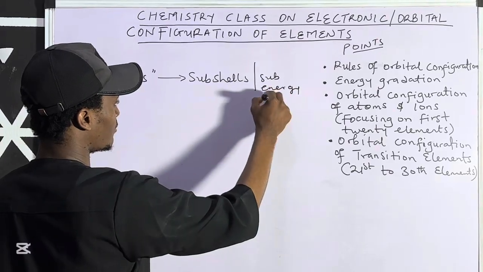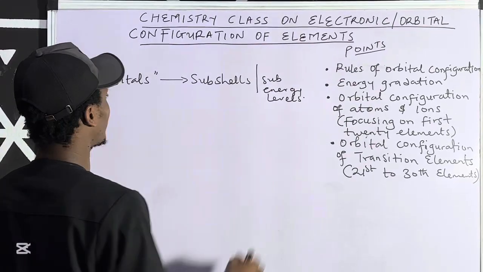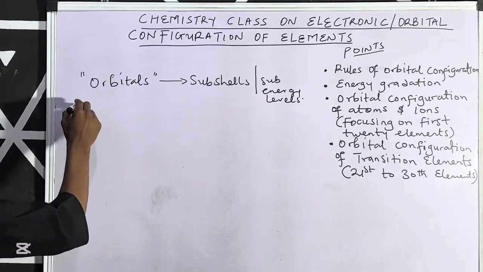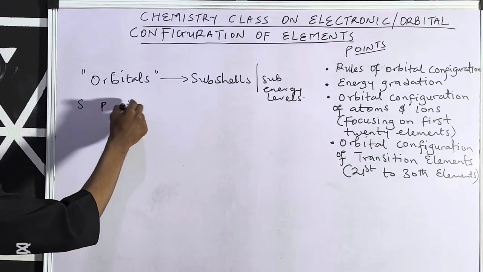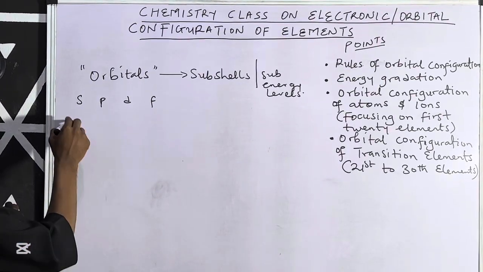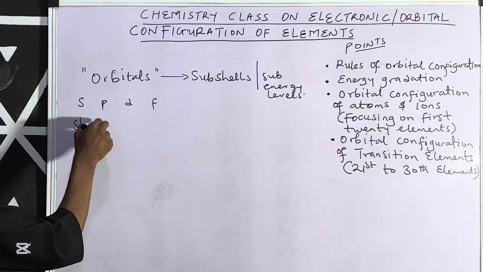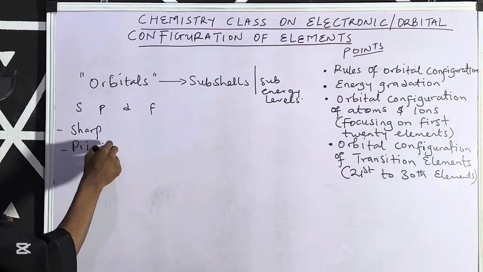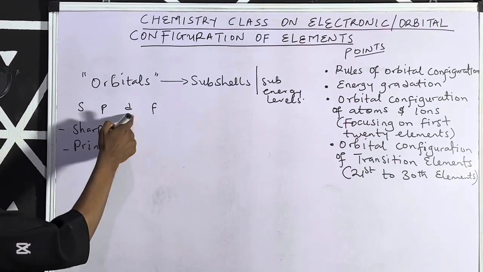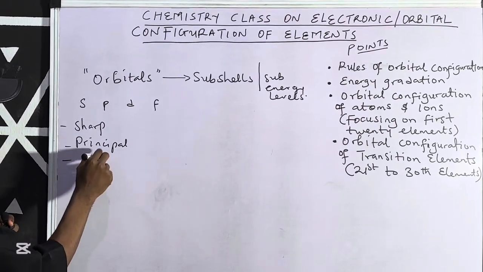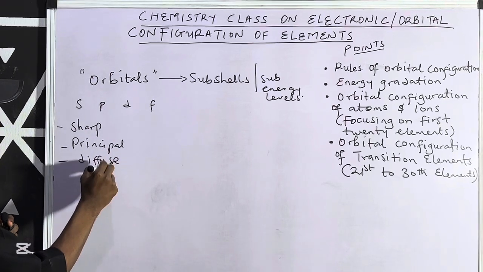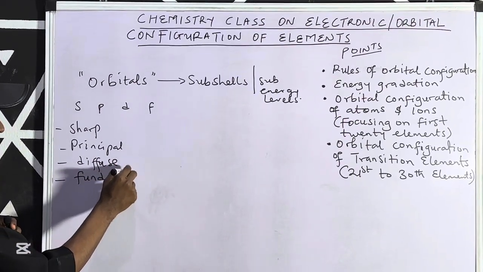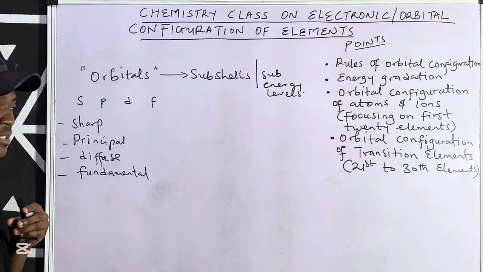And taking an overview of orbitals, we have about four main types, and they are S, P, D, and F. Now, S is called sharp, then P is principal, then D is diffuse, then F is fundamental. So these are the four main types of orbitals.